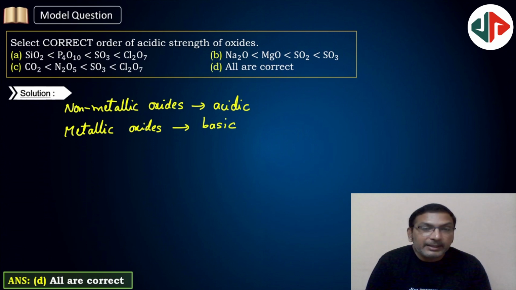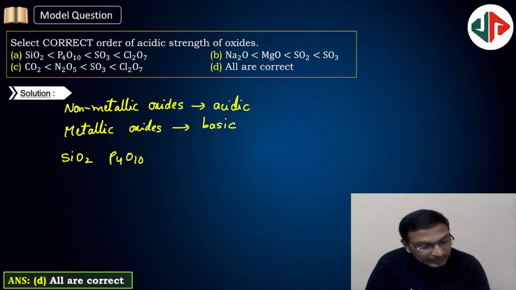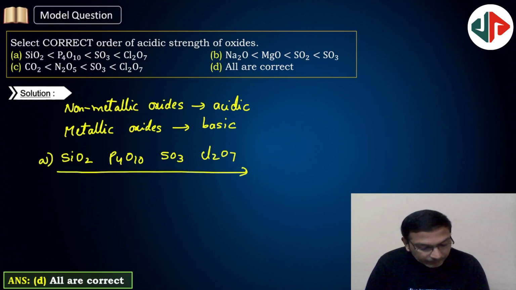In option A, from SiO2 to Cl2O7, non-metallic nature or electronegativity increases: SiO2, P4O10, SO3, Cl2O7. In this direction electronegativity increases.